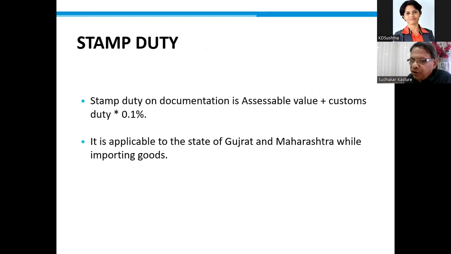Stamp duty on documentation: when you import goods, 0.1% is charged by Gujarat and Maharashtra ports. This is again tax collected by the government. On the Mumbai-Pune route, from 1st April, the toll tax has increased from 270 to 320 rupees.